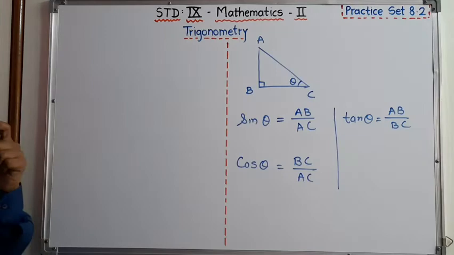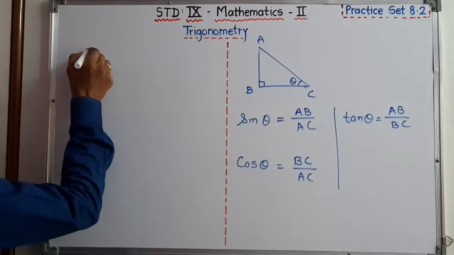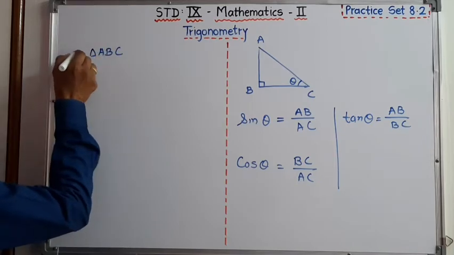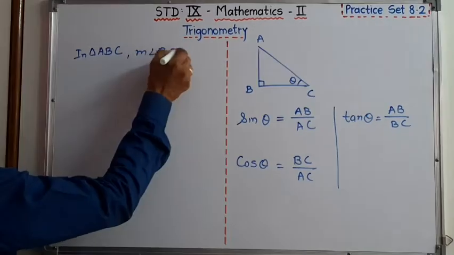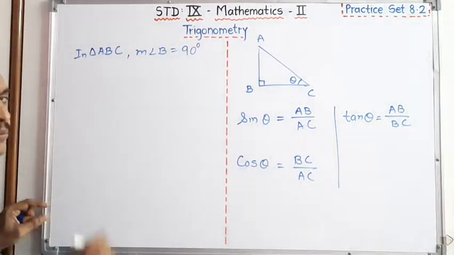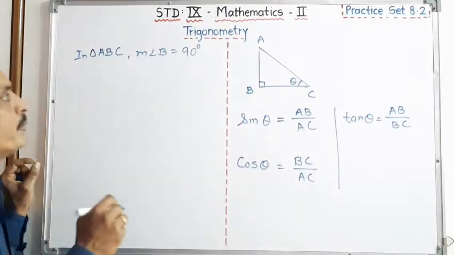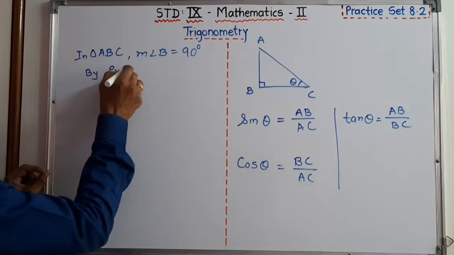Now, dear student, in triangle ABC, measure of angle B is equal to 90 degrees. Isn't it? Measure of angle B is 90 degrees. Therefore, we can apply Pythagoras theorem.